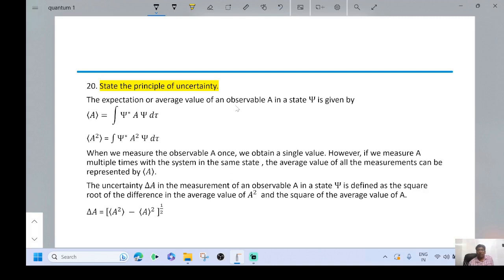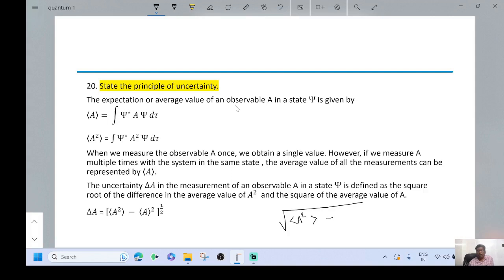This is average value. The uncertainty delta A in the measurement of an observable A, that is error in measuring A in the state psi, is defined as the square root of the difference in the average value of A square and the square of the average value.